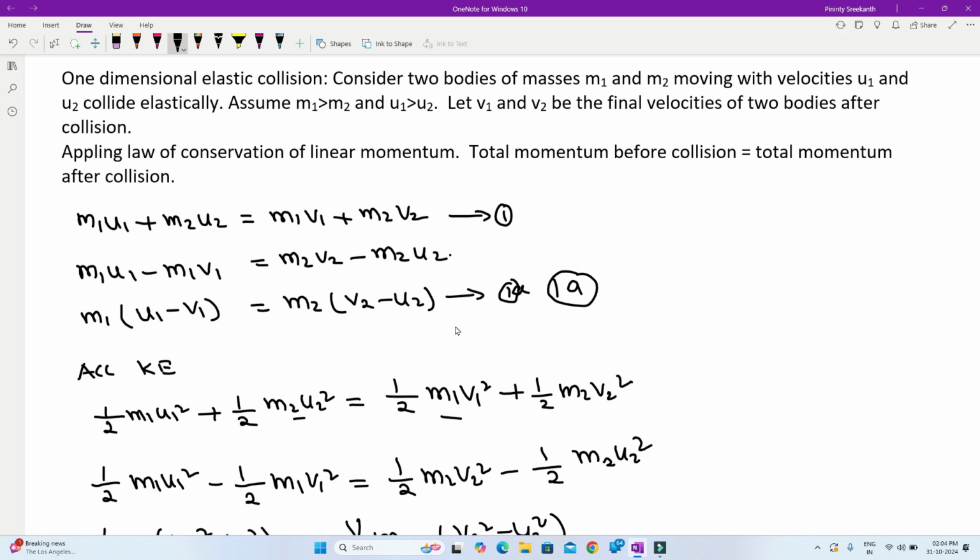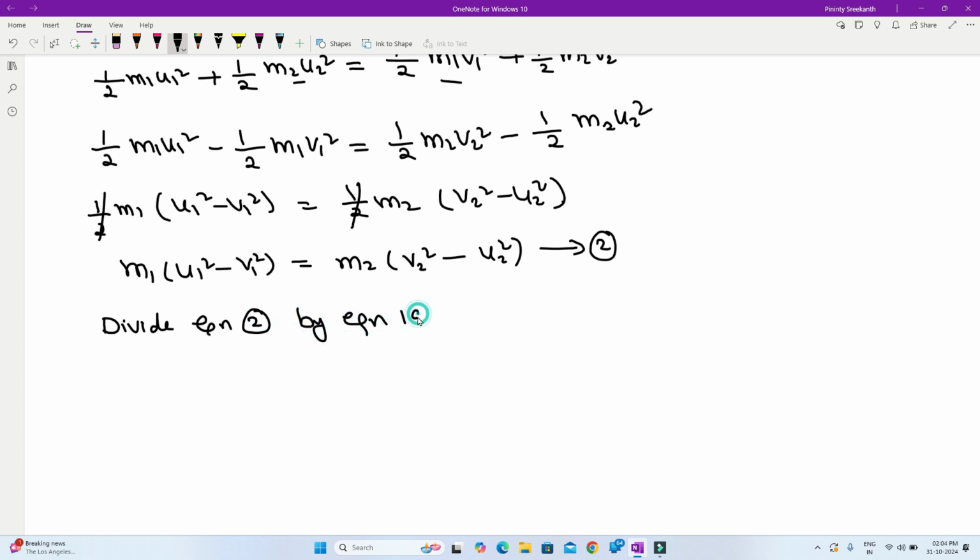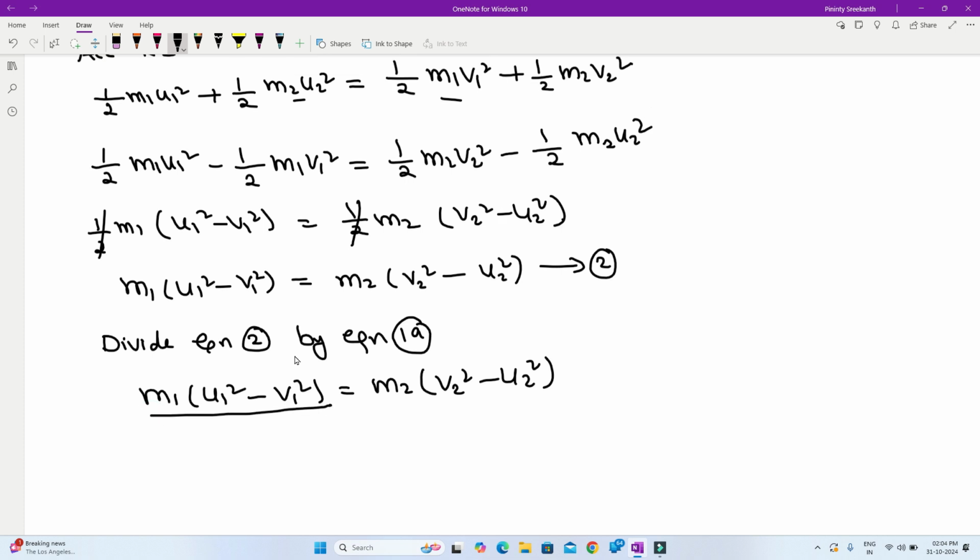Now we have to simplify this equation further. So divide equation 2 by equation 1a, that is m1 into u1 square minus v1 square is equal to m2 into v2 square minus u2 square, divided by equation 1a.